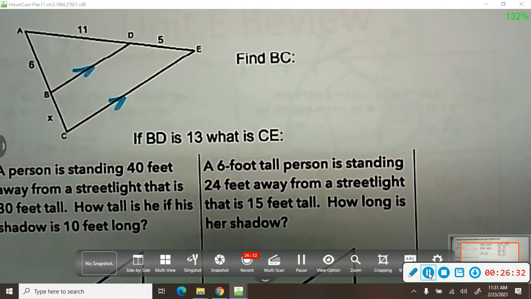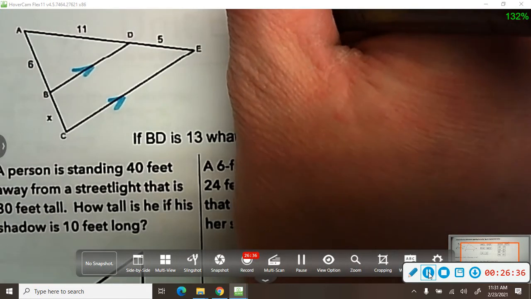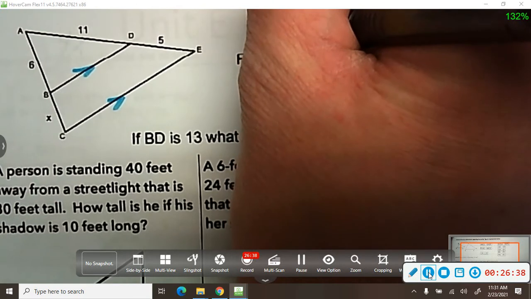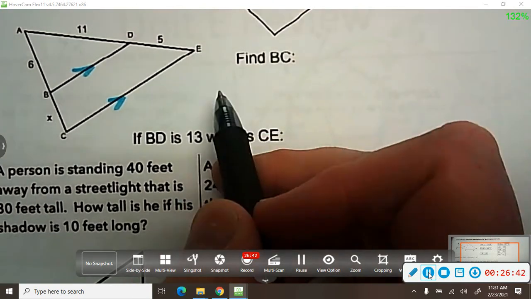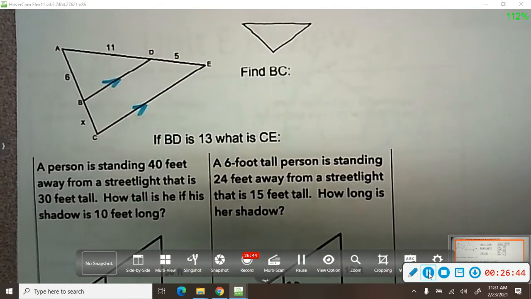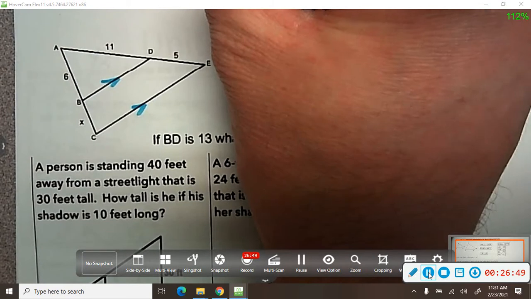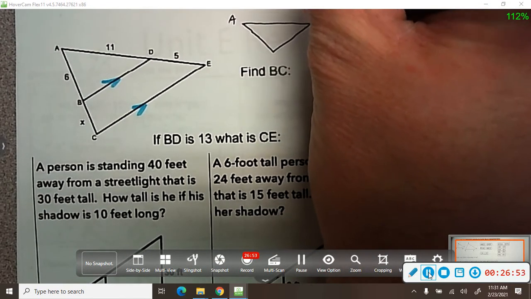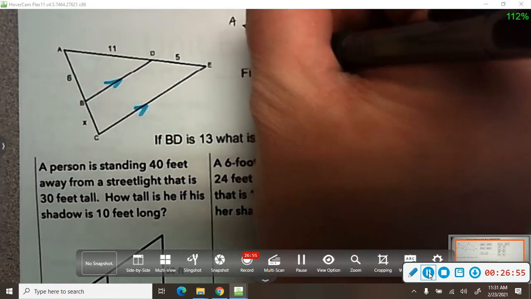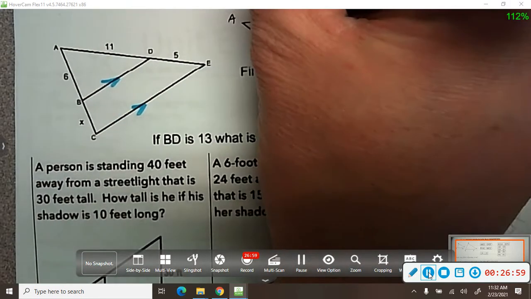So we have the small triangle right here, ADB, and I put the measurements, that's 11 and 6 right here.